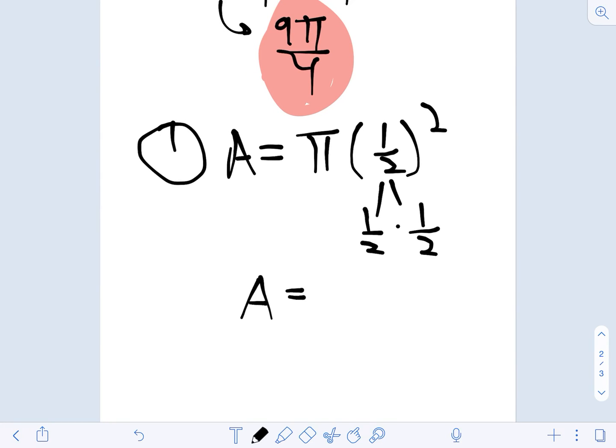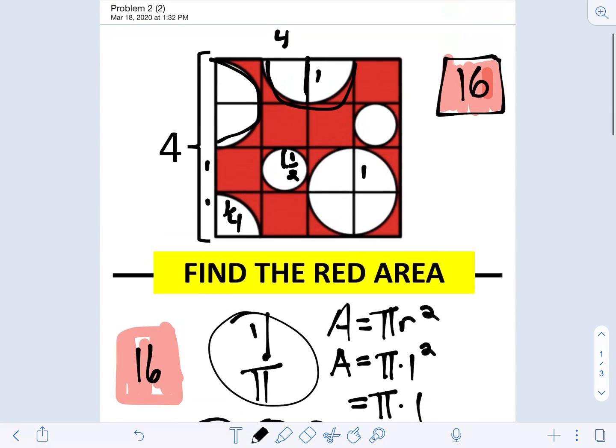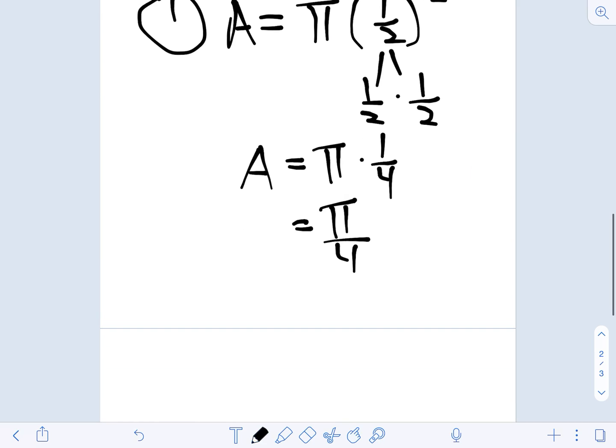So the area of each circle is pi times 1/4, or pi over 4. Now, how many of these do we have? We have 1 little circle and 2 little circles. So we add these together, and what we get is 2 pi over 4.